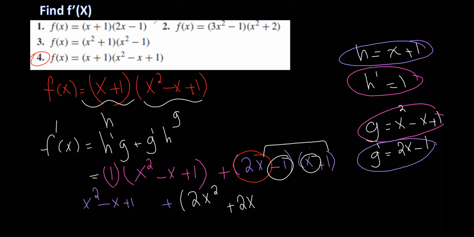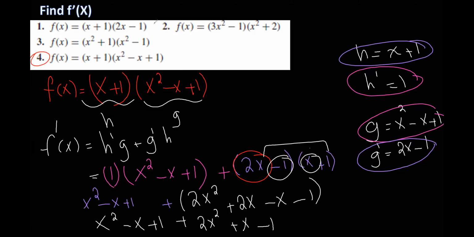Then I want to multiply the minus. Minus 1 times x is minus x, and minus 1 times 1 is minus 1. Then it is x squared minus x plus 1 plus 2x squared plus 2x minus x, which is x, minus 1.